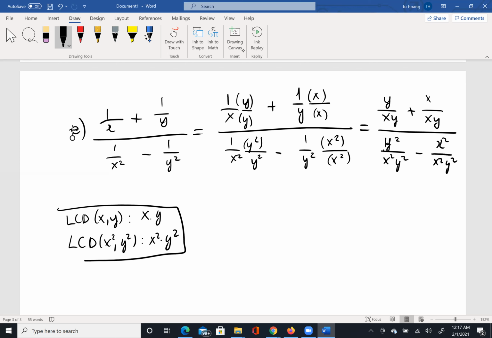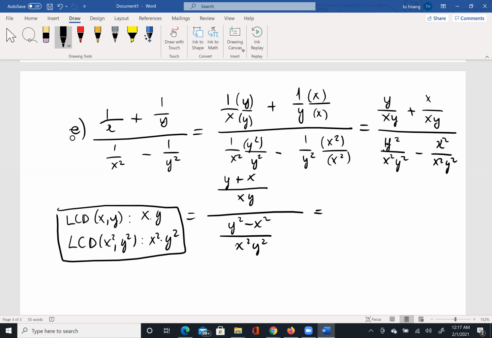Okay, so we are almost done with step number 1, but let me combine it. So now I have y plus x divided by x times y for the top. I'm going to put it with the bottom. So I have y squared minus x squared divided by x squared y squared.